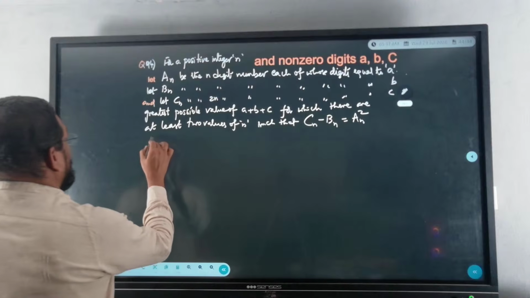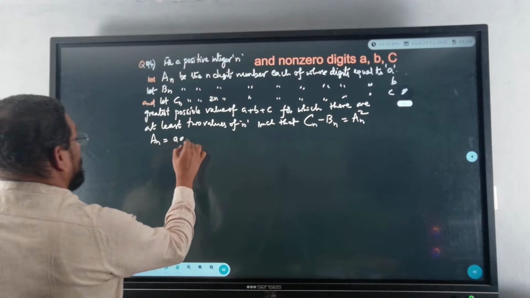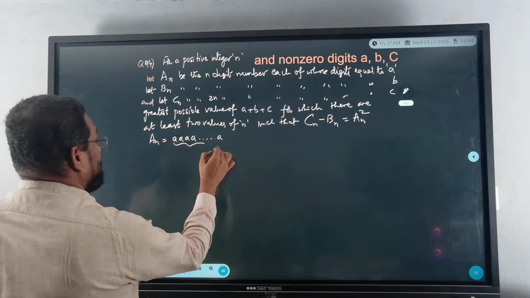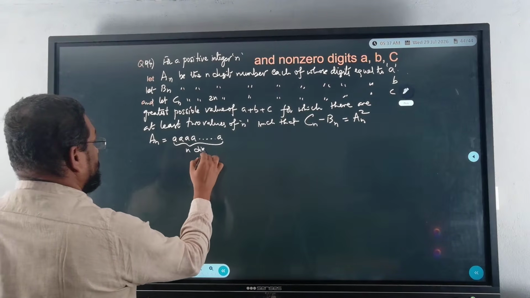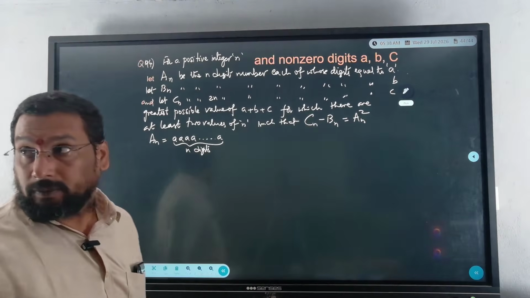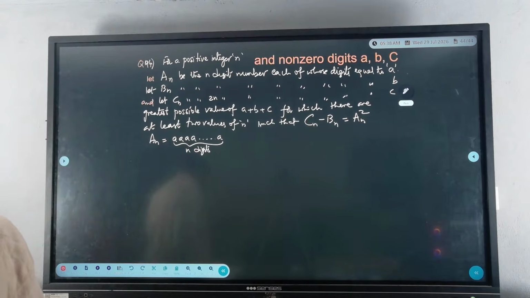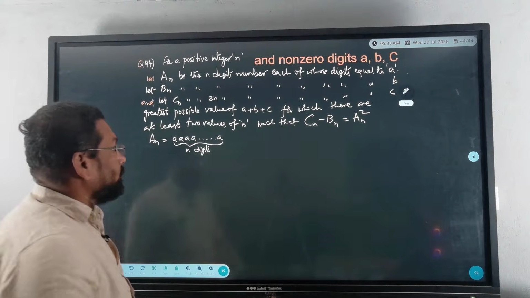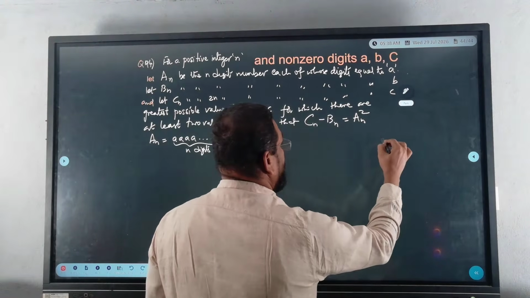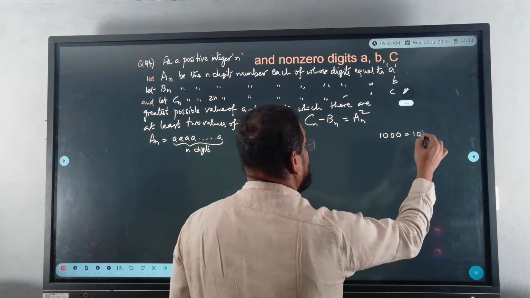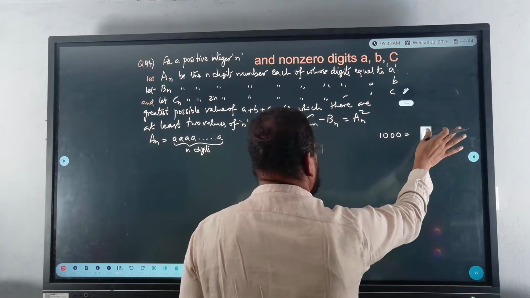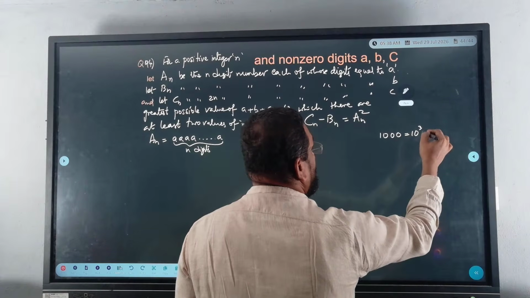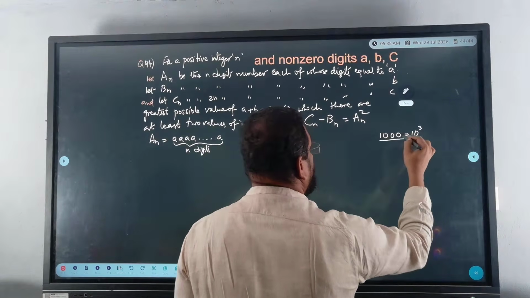See, here an is the number with n digits. So how can you expand this? Suppose 1000 is there, it is 10 power 3.